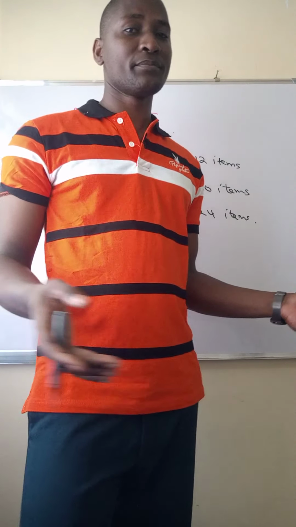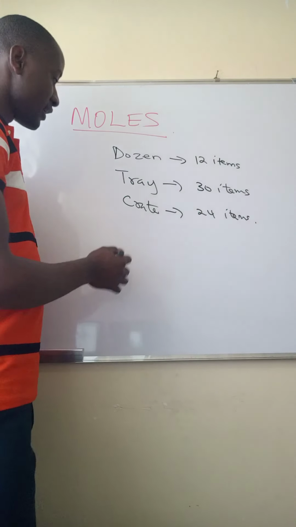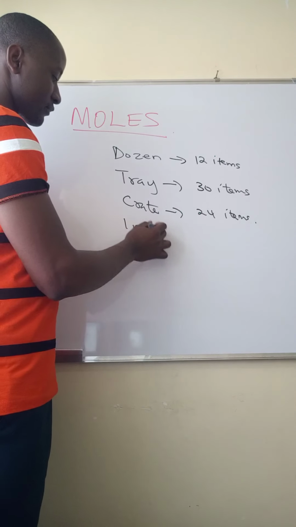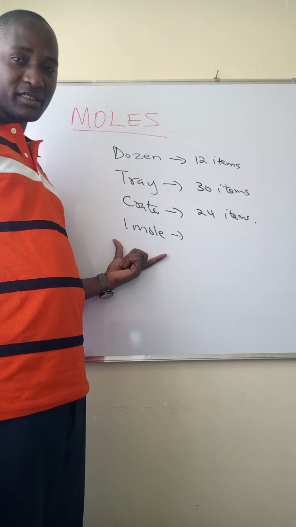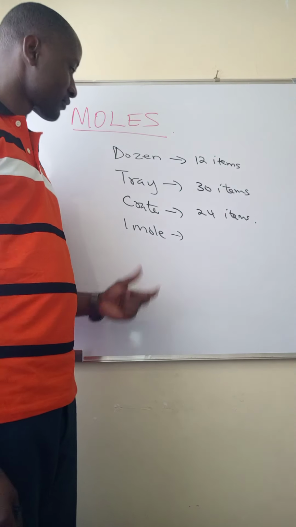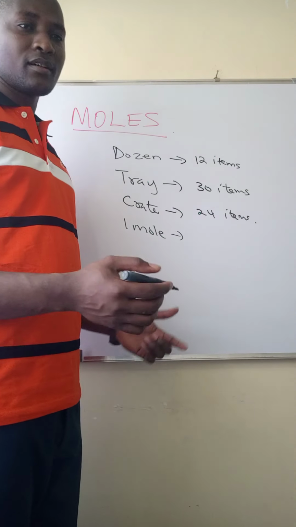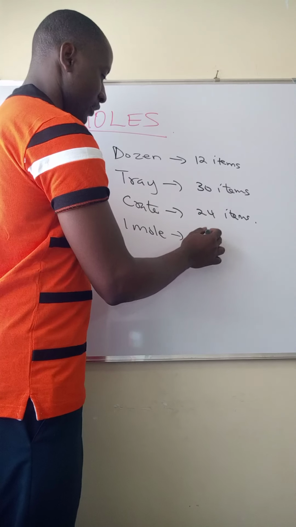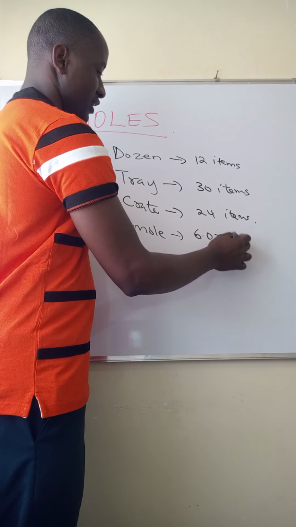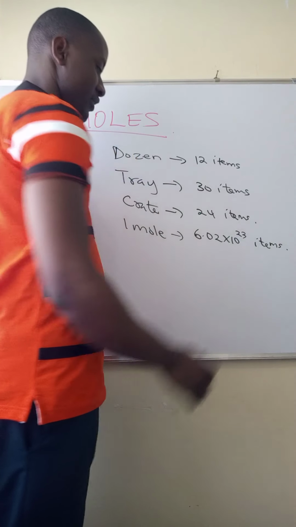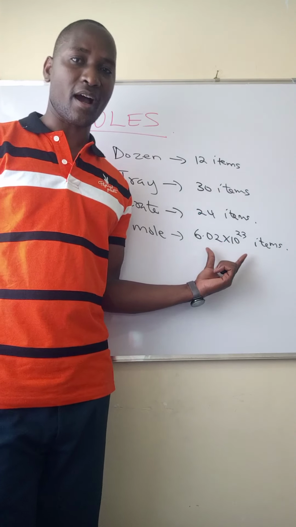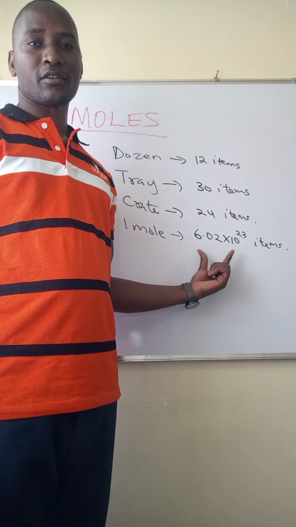So if I have one mole, then I'm expecting that any substance that is equivalent to one mole has 6.02 times 10 raised to power 23 items. So this is what we call the Avogadro's constant.